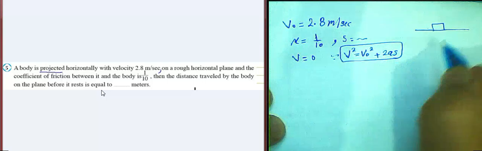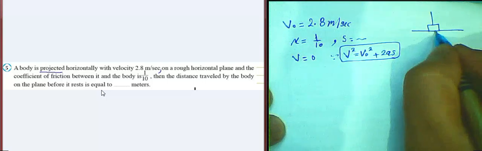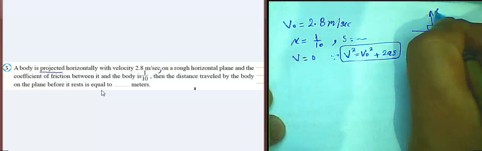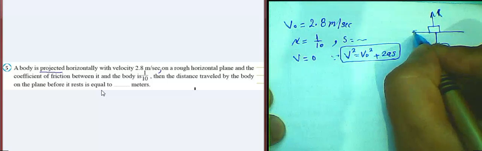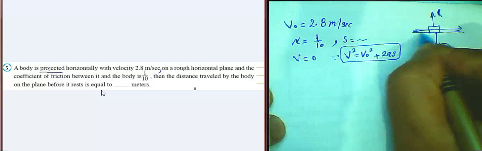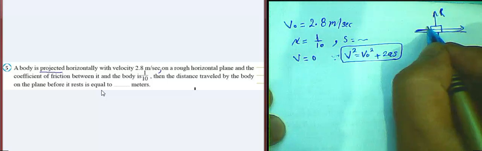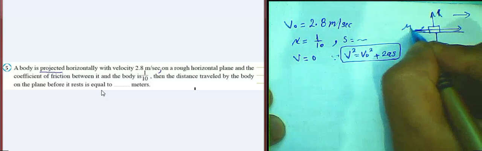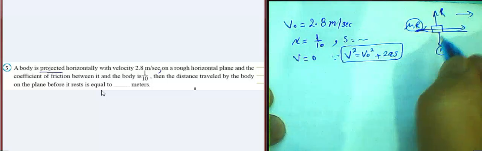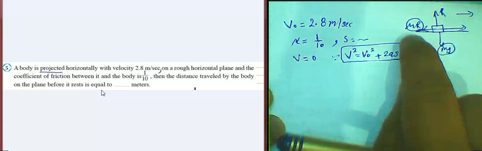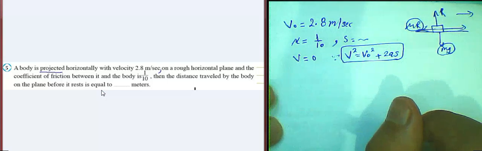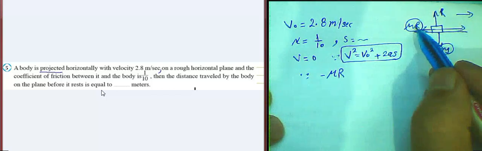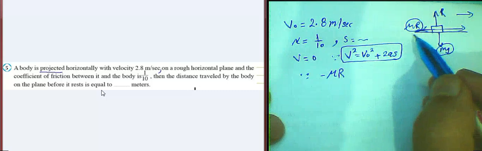Look at here, we have the weight down here, mg, and here R, and this body is moving here without using a force. Then mu R is in this direction here. So from Newton we know negative mu R equals ma, such that negative mu R, because the direction is from left hand side to right hand side, and mu R is in the inverse direction.